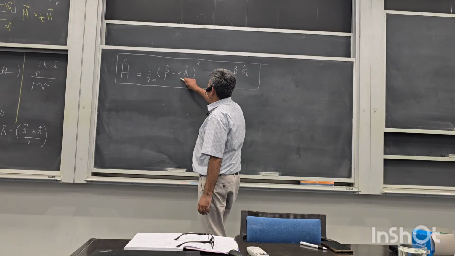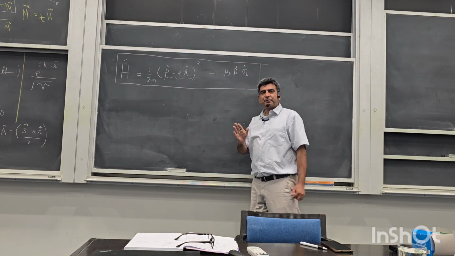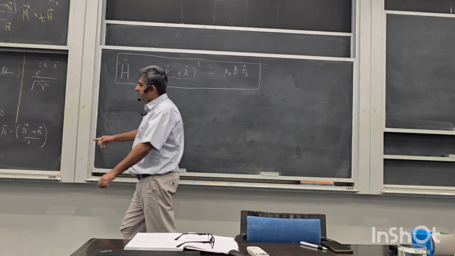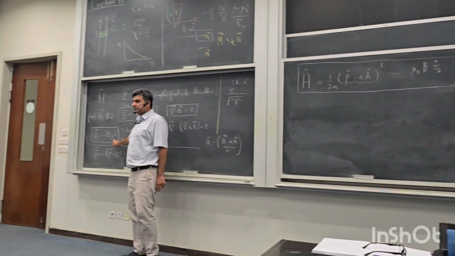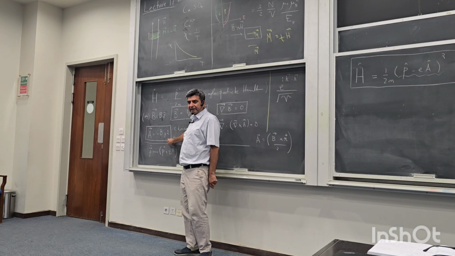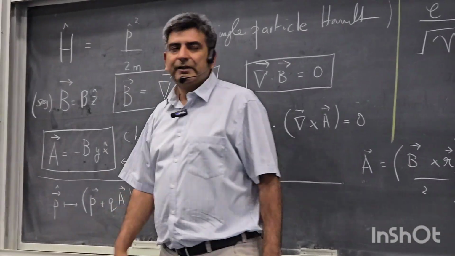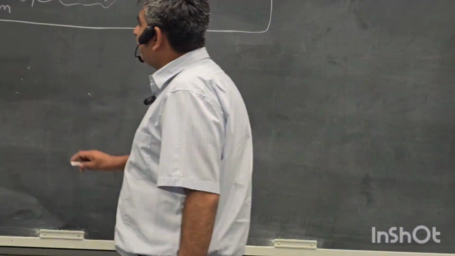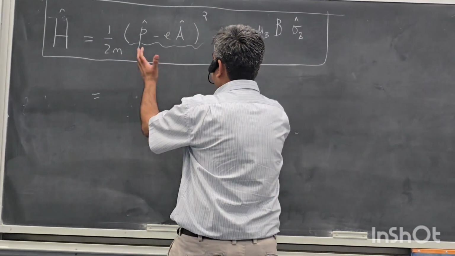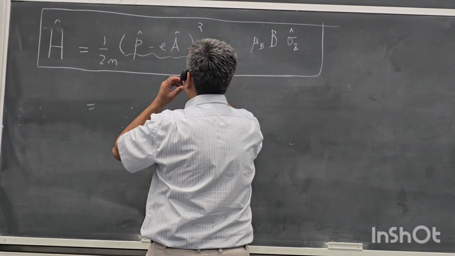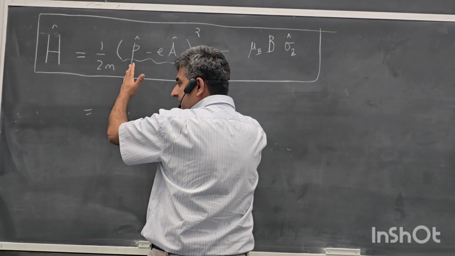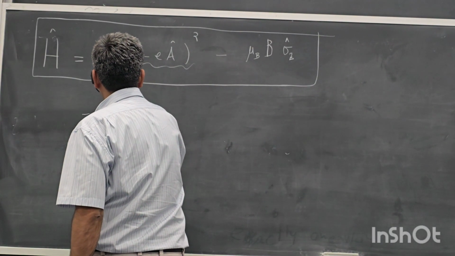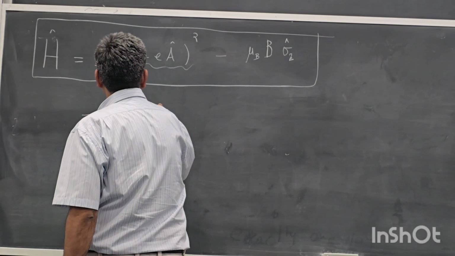So this is a vector operator. It will have an x component, a y component, and a z component. Now A only has an x component with the Landau gauge. So if I expand this term in terms of its components, I will get 1 over 2m px.